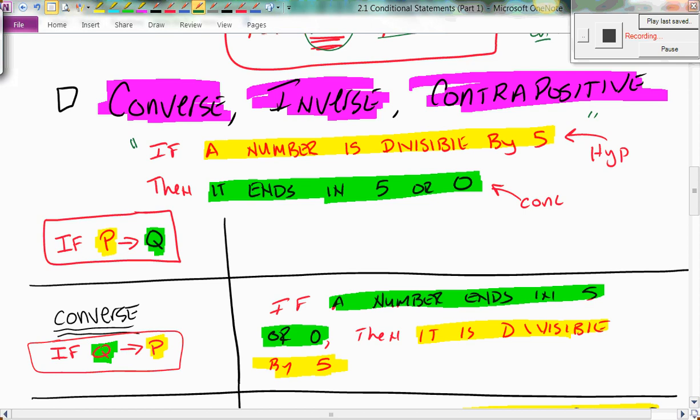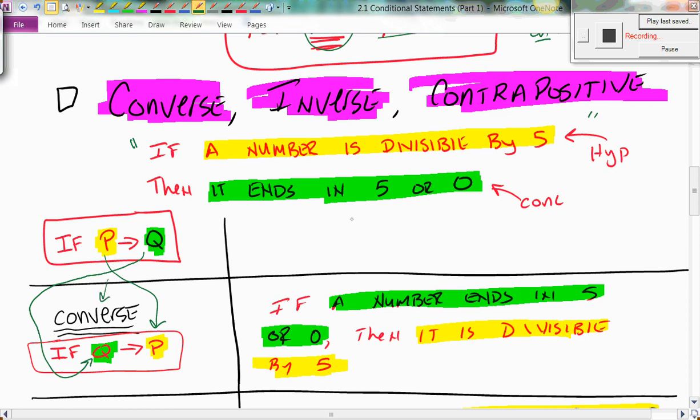So then we decided we want to explore the converse, the inverse, and the contrapositive. The converse is written in shorthand, if Q, then P. So notice we just took the conclusion and made it the hypothesis, and took the hypothesis and made it the conclusion. We switched them, and doing that is called the converse.